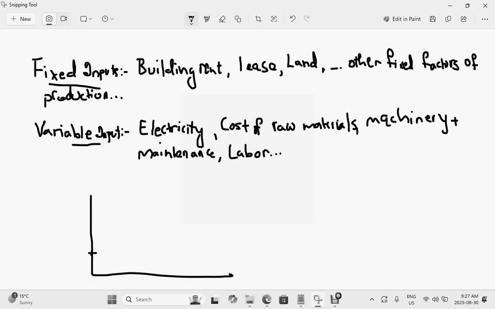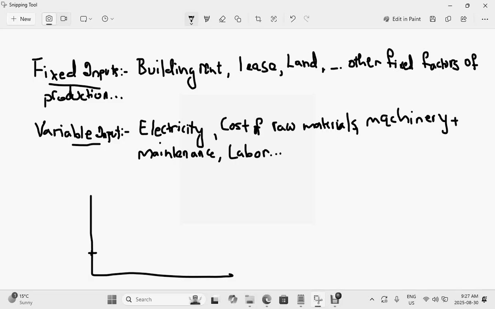This will stay the same no matter how many people use that building. If you're paying for the entire building, it doesn't really matter how many producers are in the building, which means the more you produce, the more units produced, the less the cost of production over a period of time.